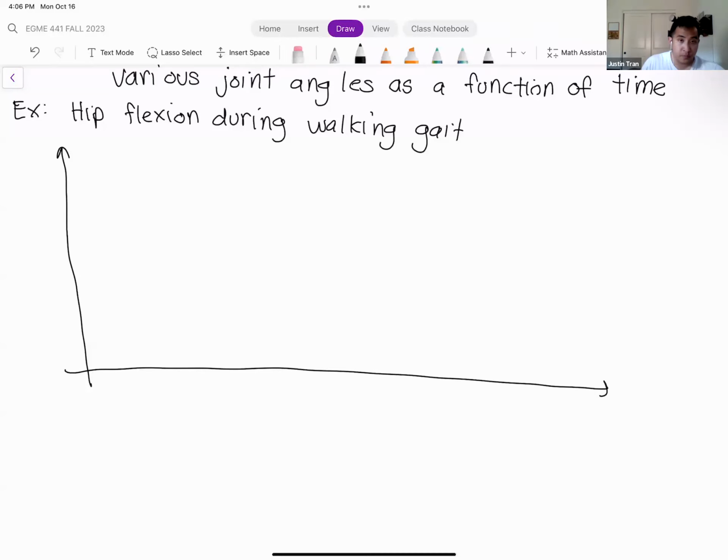On the horizontal axis we have time, usually measured in seconds. And on the vertical axis, what we measure is an angle. We're basically measuring the flexion of the hip.